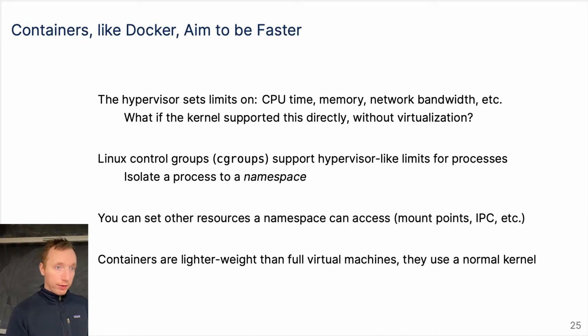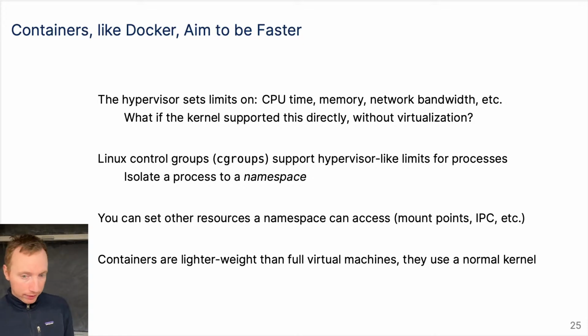So the Linux kernel supports these hypervisor-like limits just on normal processes. The Linux kernel actually supports this with something called control groups, or cgroups, and they allow you to set limits for processes and isolate them to a namespace, even isolate their access to the file system so they can't even see the rest of the file system, limit their network access, how much memory they can use, how much CPU they can use, and all things like that.